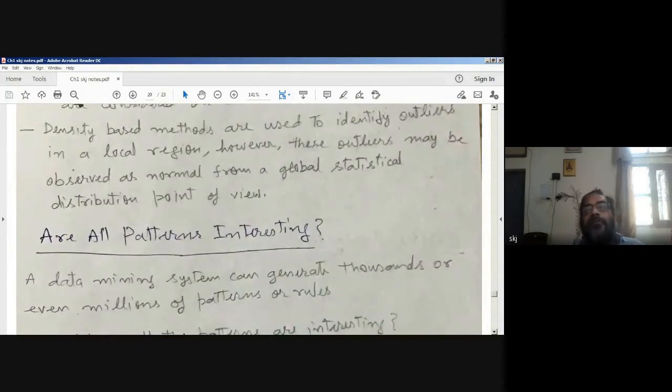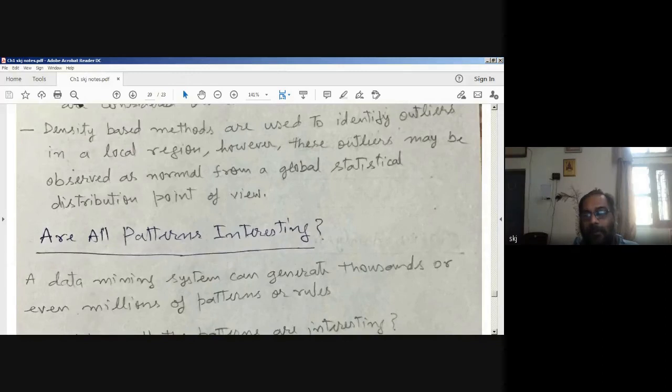Density-based methods are used to identify outliers in a local region. However, these outliers may be observed as normal from the global statistical distribution point of view. Something we are analyzing. Okay. So from local point of view, two objects can be too dissimilar and one can be an outlier in the local region.